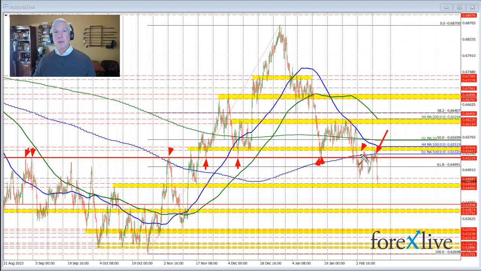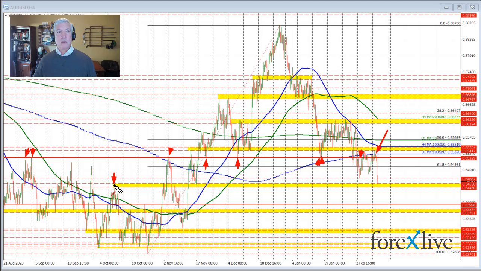We traded above and below the level over the first couple of days of this week before the data came out and sent the Aussie versus US dollar sharply to the downside. So it moved away from this risk level, and in the process tilted the bias more to the downside.